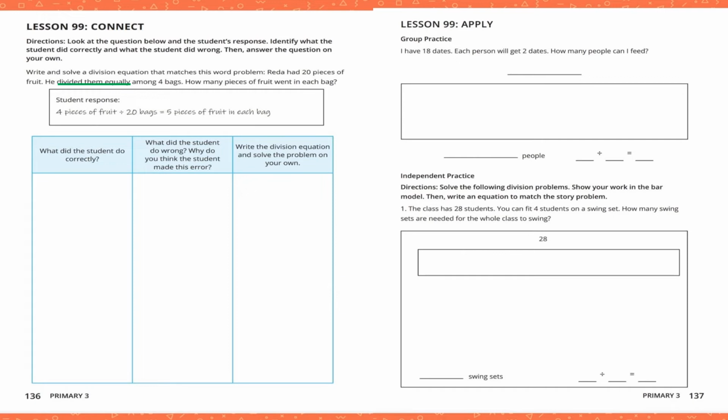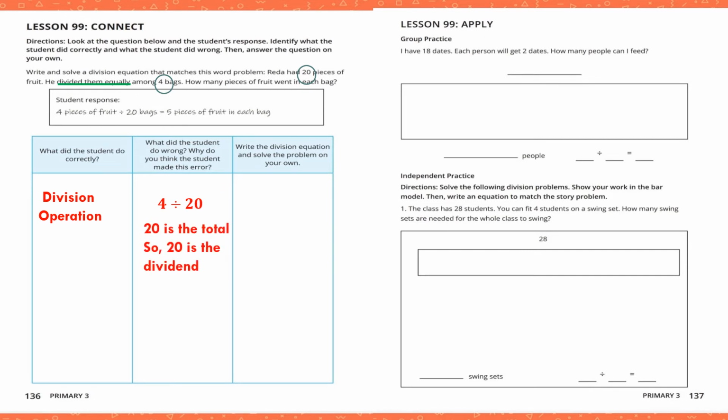This is wrong. The student did correctly that he wrote the division operation or the division equation. The student did wrong that he wrote 4 divided by 20. 20 is the total, so 20 is the dividend.